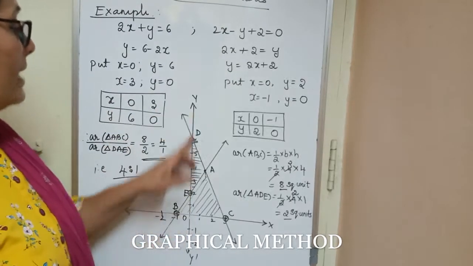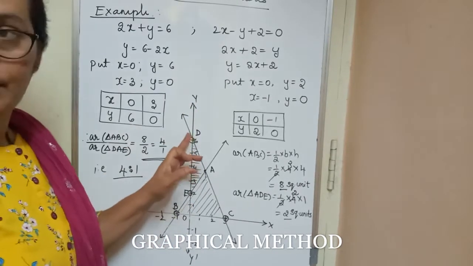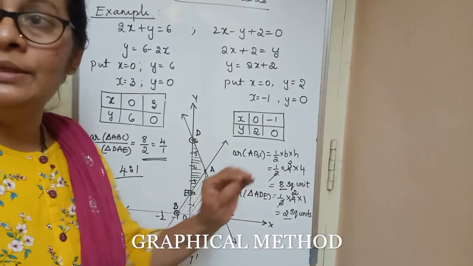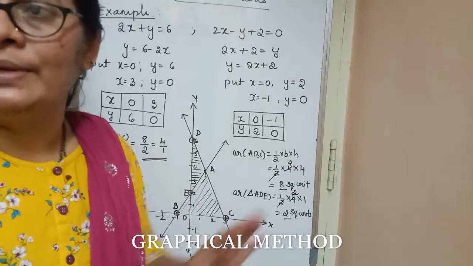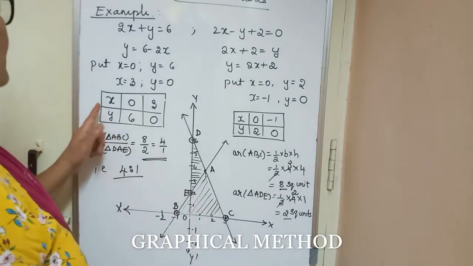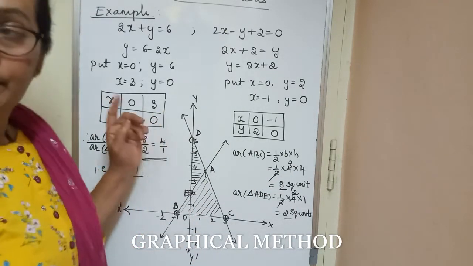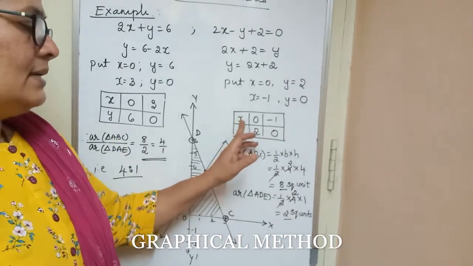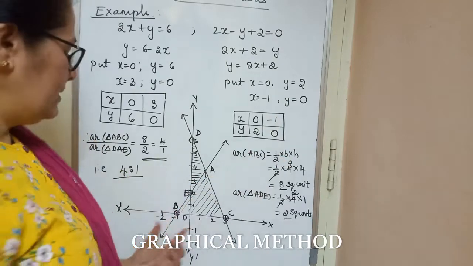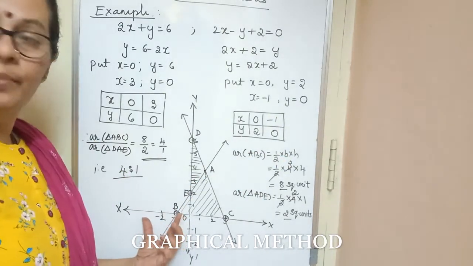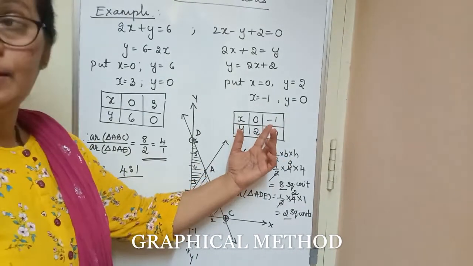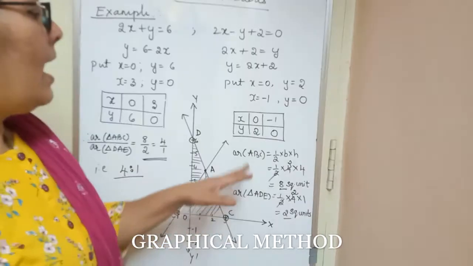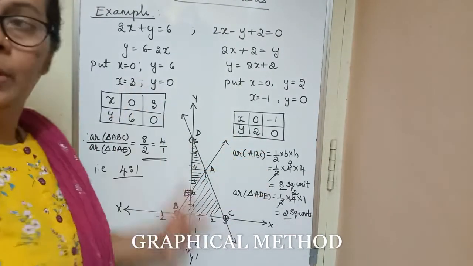So, on the y-axis, the highest value is 6, so divide the y-axis into 6 equal units, then the x-axis into 3 equal units. Similarly, here x is minus 1, so you have to make equal units, that is minus 1, minus 2, minus 3, and on the y-axis 2.